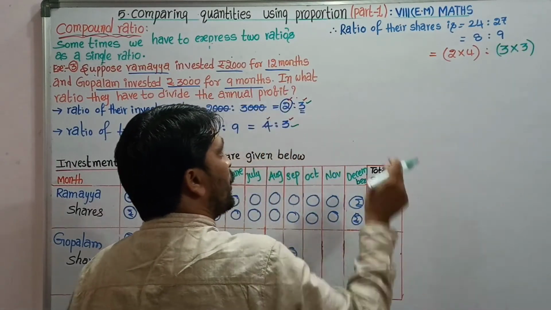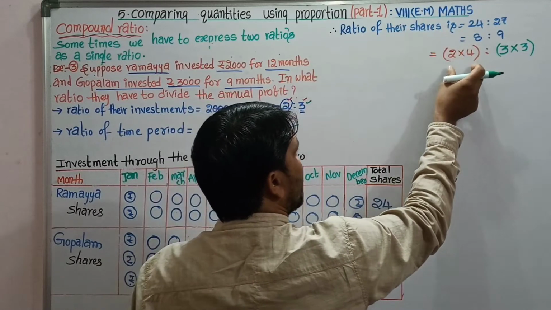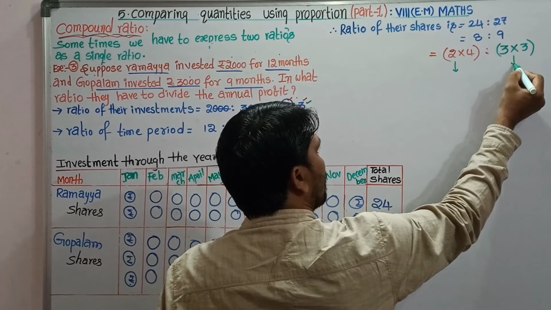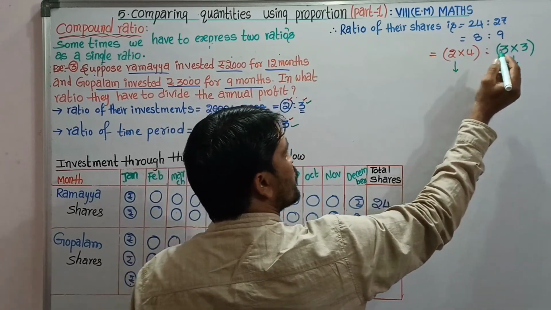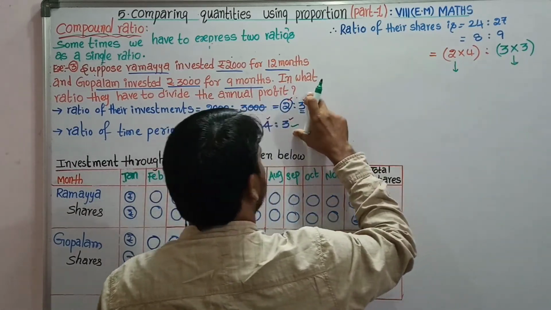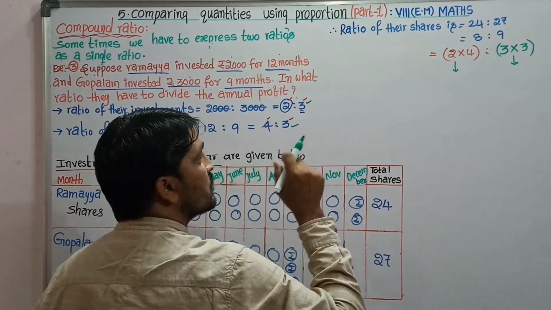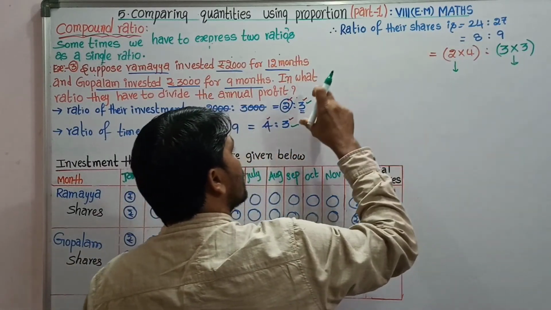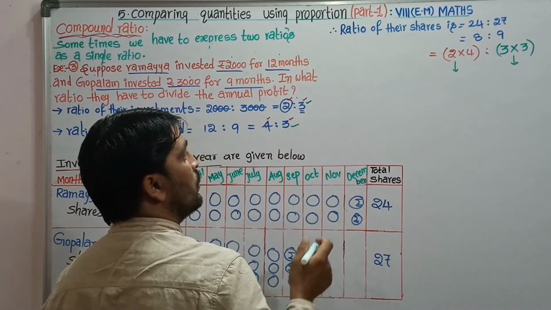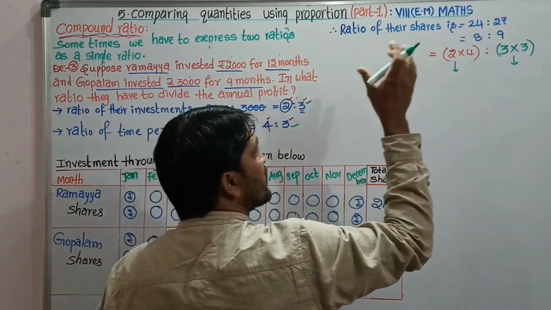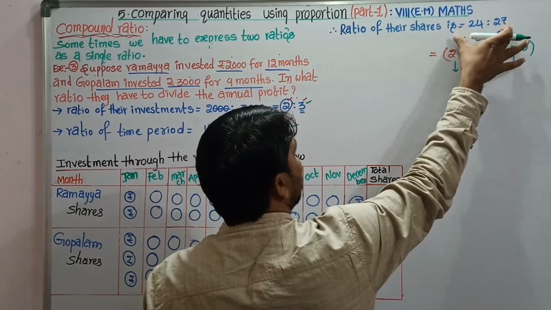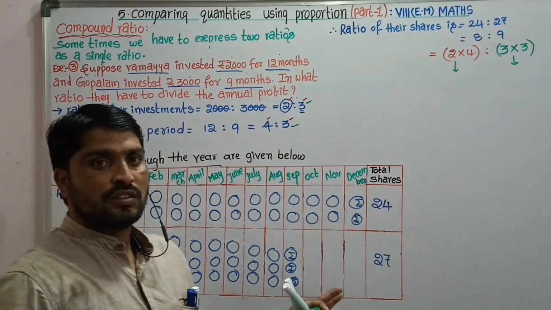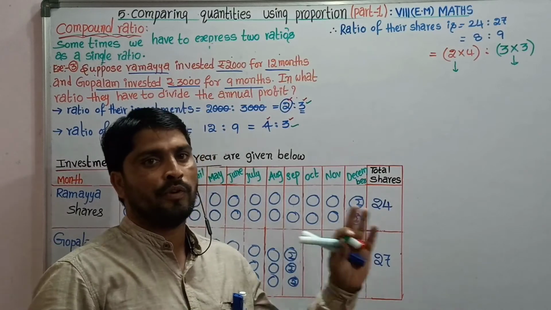Yes, the ratio of their shares can be arranged as the product of antecedents to the product of consequents of these two ratios. So this ratio is the compound ratio of these two ratios. These two ratios can be expressed as a single ratio, that is 8:9. This is the case where we exactly use compound ratio.